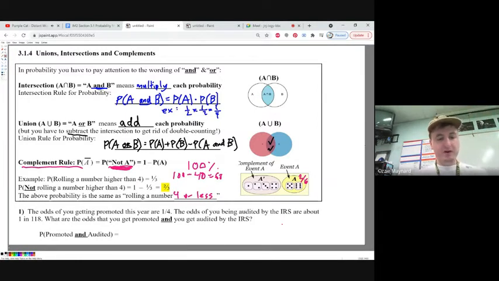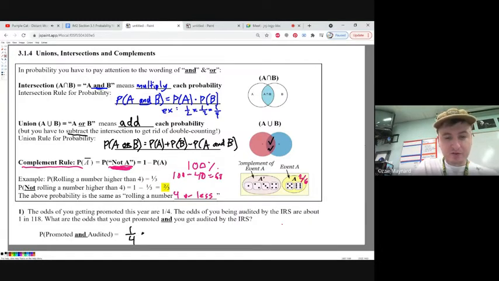Problem number 1 says the odds of you getting promoted this year are 1/4. Okay, that's not too bad. The odds of you being audited by the IRS are about 1 in 118. So what are the odds that you get promoted and you get audited by the IRS? Let's recognize this is an "and" question.